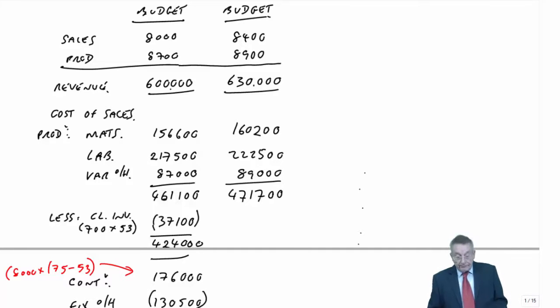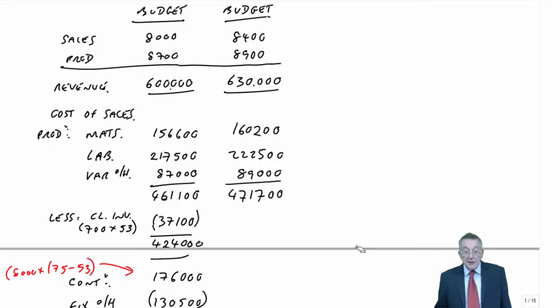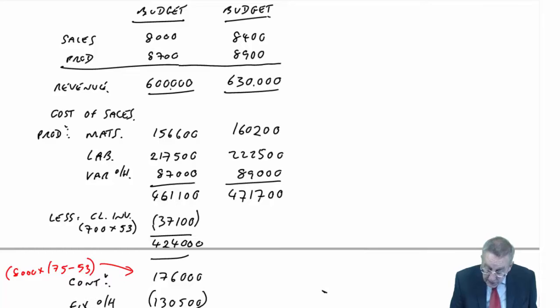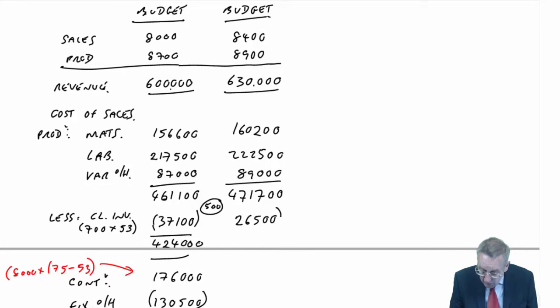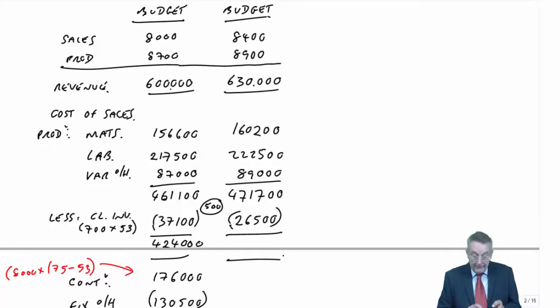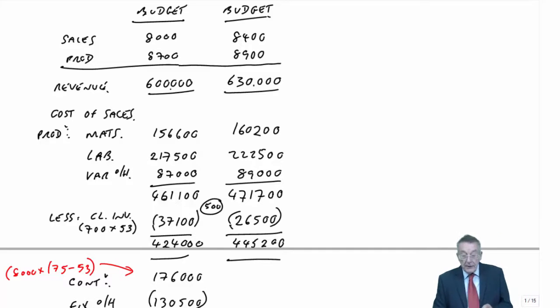The closing inventory, we produced 8,9 and sold 8,4, so the inventory is going to be 500 units. And at the marginal cost, the standard cost of 53, 26,500, giving a cost of sales of 445,200, and therefore a contribution.